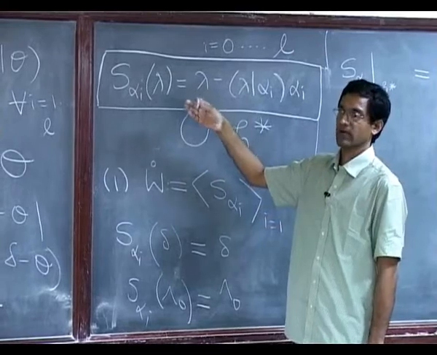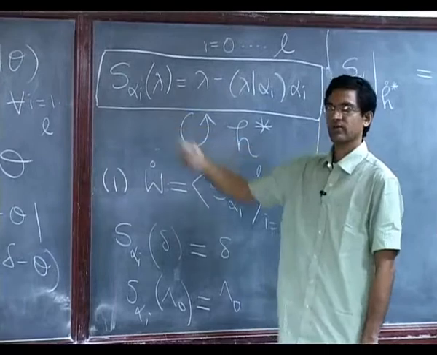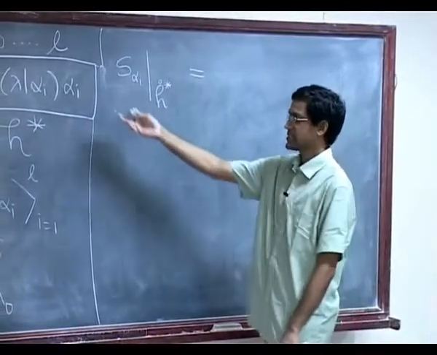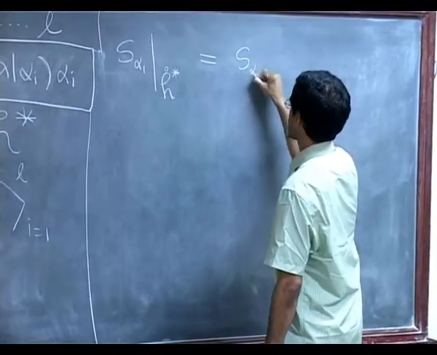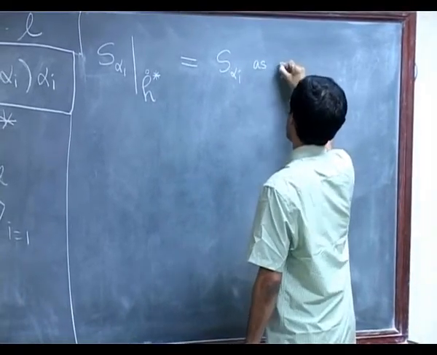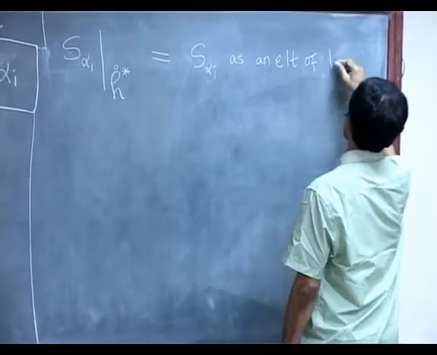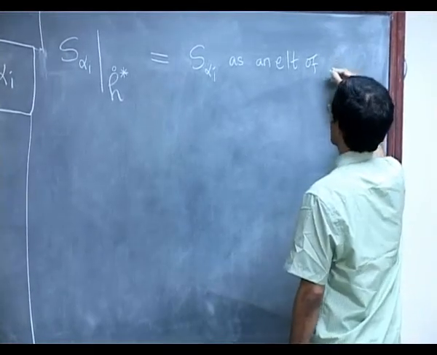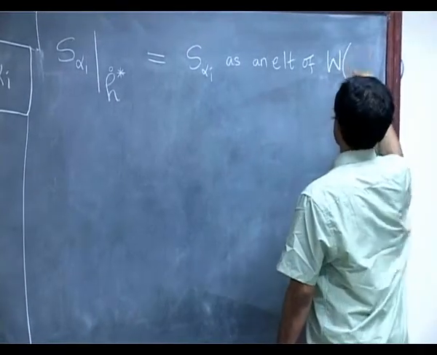After all, you are just extending the form, therefore the formula for the reflection is just generalizing the formula. So when you restrict back to H0 star, you get back the same linear transformation. So when you restrict it down, this would be the same S alpha i as defined as an element of the finite Weyl group.